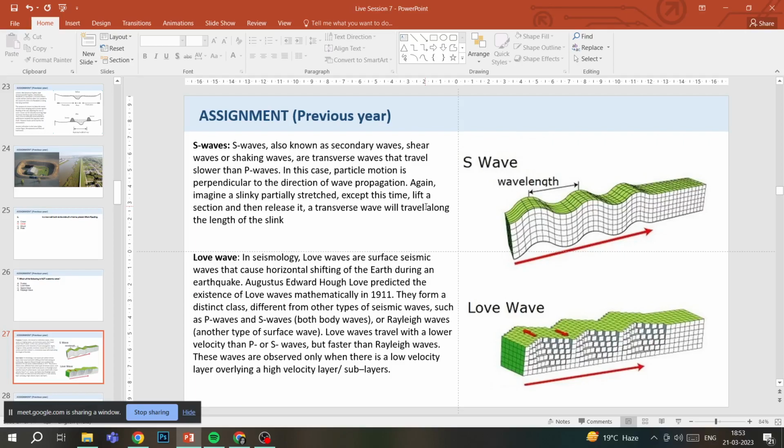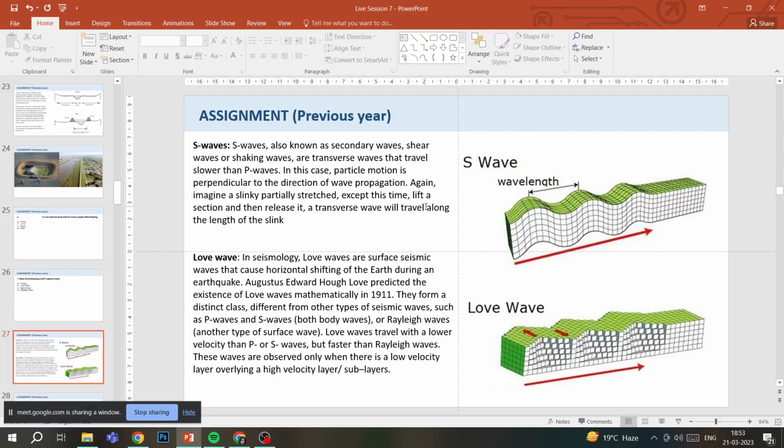S waves and P waves are body waves, and Love waves and Rayleigh waves are surface waves. They cause horizontal shifting of the earth during an earthquake. Augustus Edward Hough Love predicted the existence of Love waves mathematically in 1911. That's why they're called Love waves.